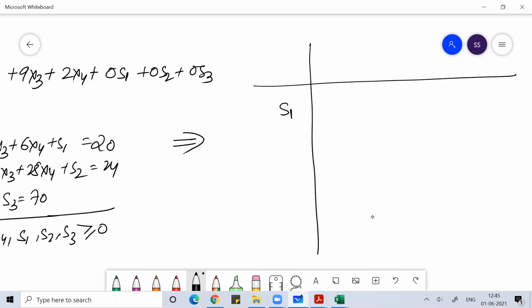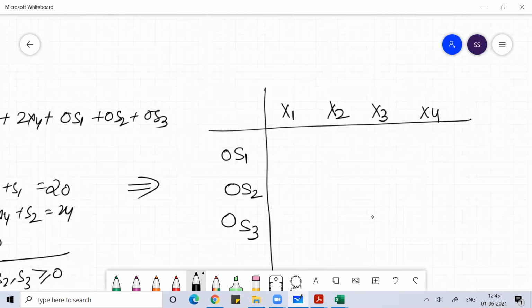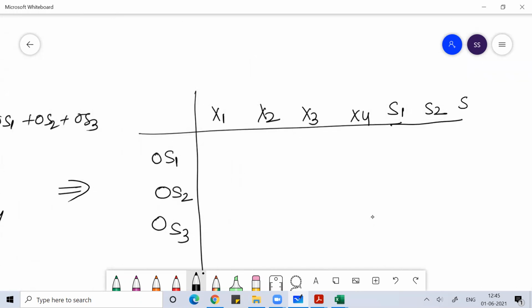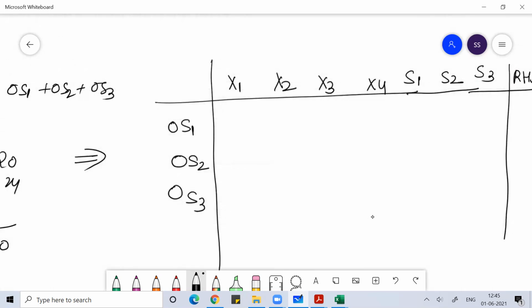Here you have S1, S2, S3, then X1, X2, X3, X4, then S1, S2, S3, then RHS. You write the coefficients of the constraints. The first is 2x1 plus x2 plus 5x3 plus 6x4 plus s1, 0, 0, RHS is 20.